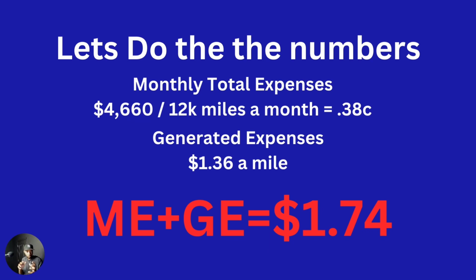So now what do we have? Monthly expense added to generated expense equals cost per mile, which is right at $1.74 a mile. So let's just say $1.75, just round it off.